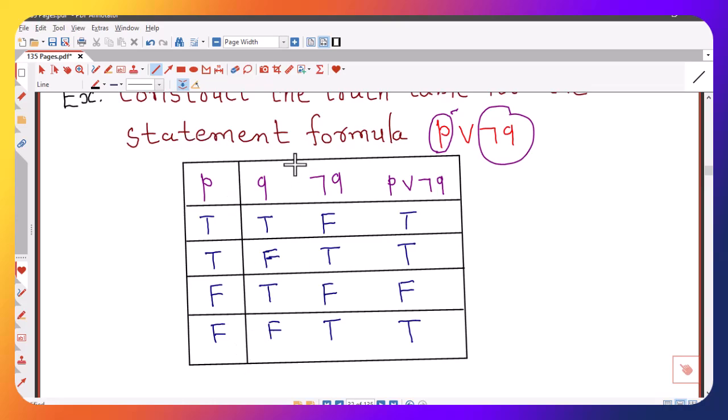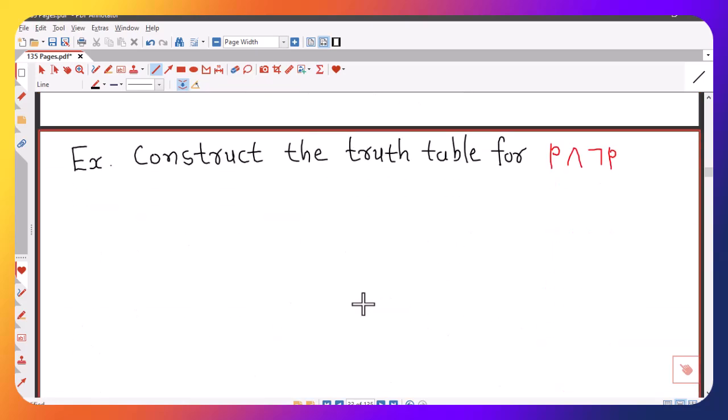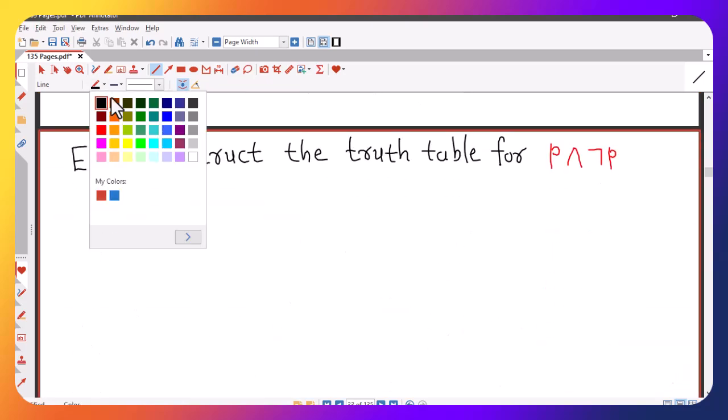So in this way we have to write properly the truth table for a given statement formula. We consider another example for the construction of a truth table.